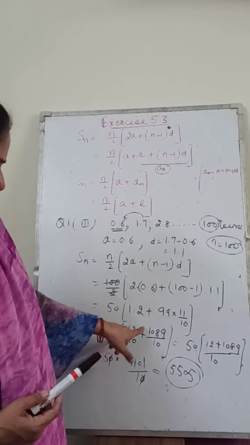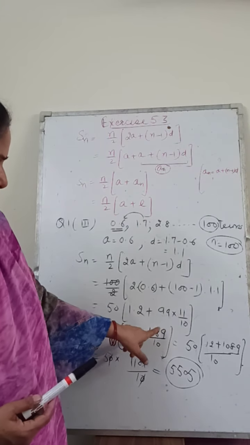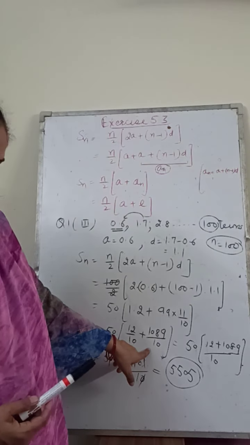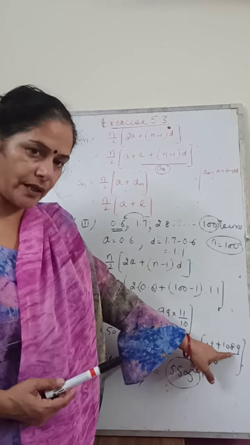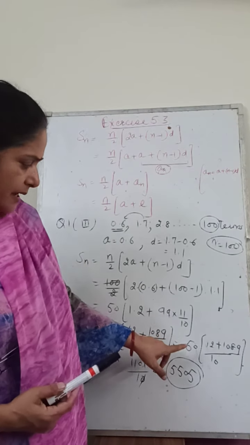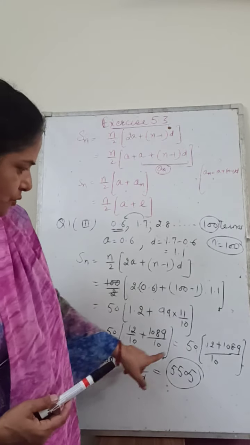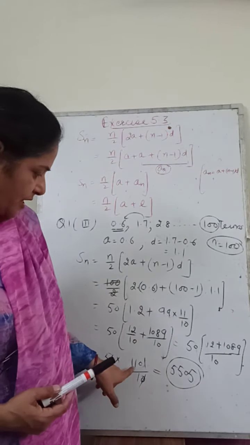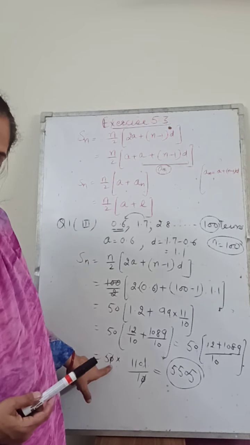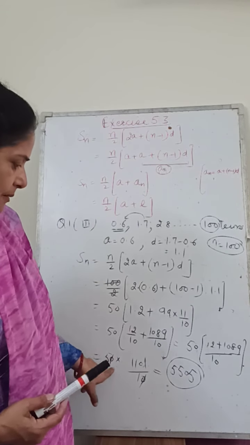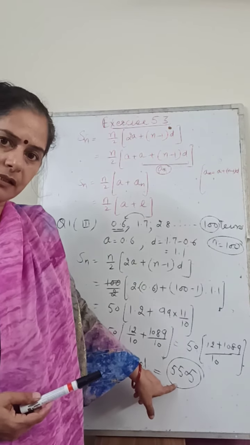This is 12 upon 10, multiply 99 by 11, 1089 upon 10. Take the 10 LCM. You will be getting 12 plus 1089 here, right? 50 into, add these two, you get 1101 upon 10. This 0 and this 0 cancel. 1101 multiplied by 5, you will be getting this answer.